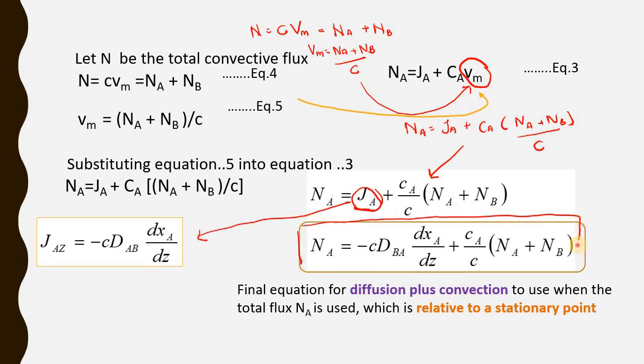NA is equal to the flux JA, negative C DAB dXA over dZ, plus the concentration of A over the total concentration times NA, which is the flux of component A, plus the flux of component B. Okay, so this is the final equation.